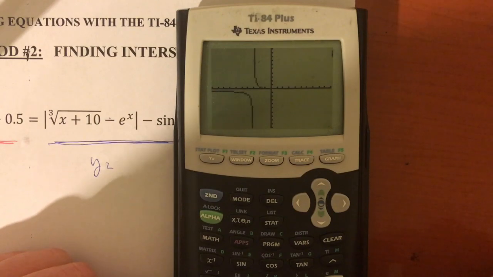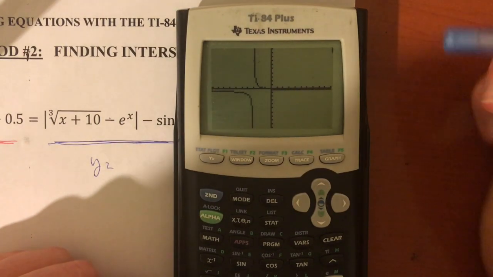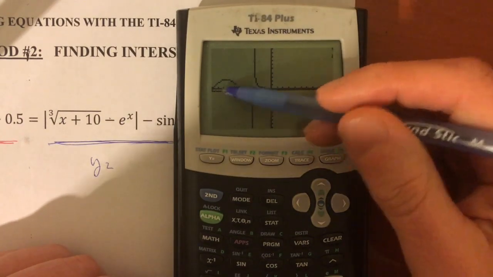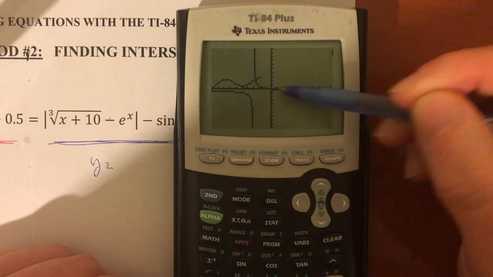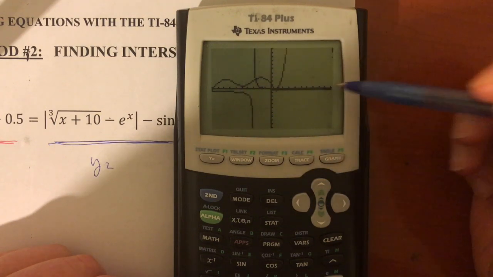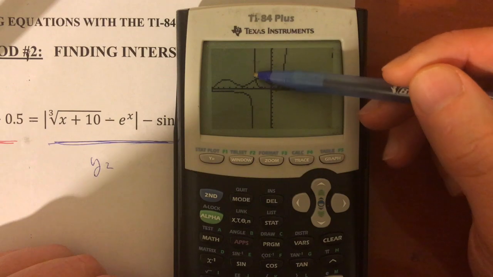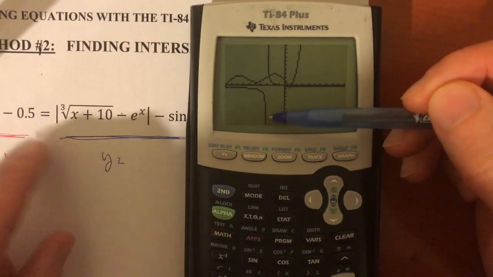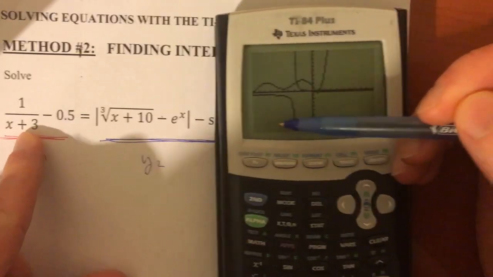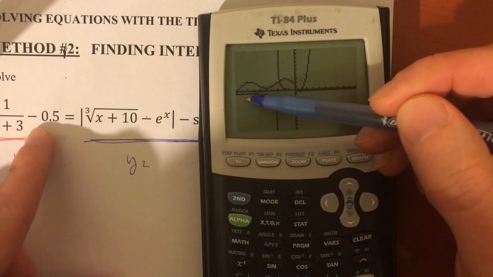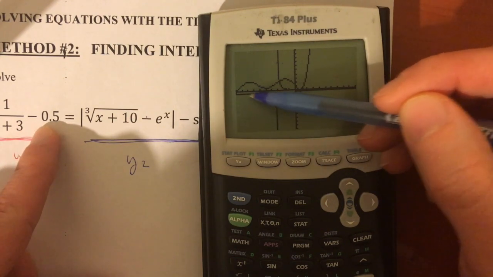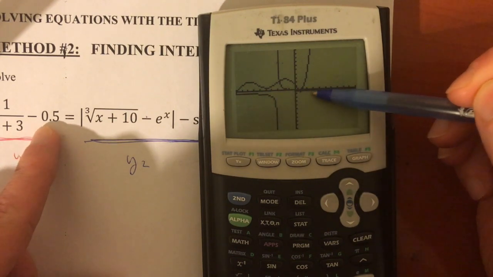Zoom 6, and hopefully you recognize that hyperbola function. That's the 1 over x plus 3 minus 0.5. Notice the vertical asymptote at x equals negative 3, where this fraction is undefined, and a horizontal asymptote at y equals negative 0.5.